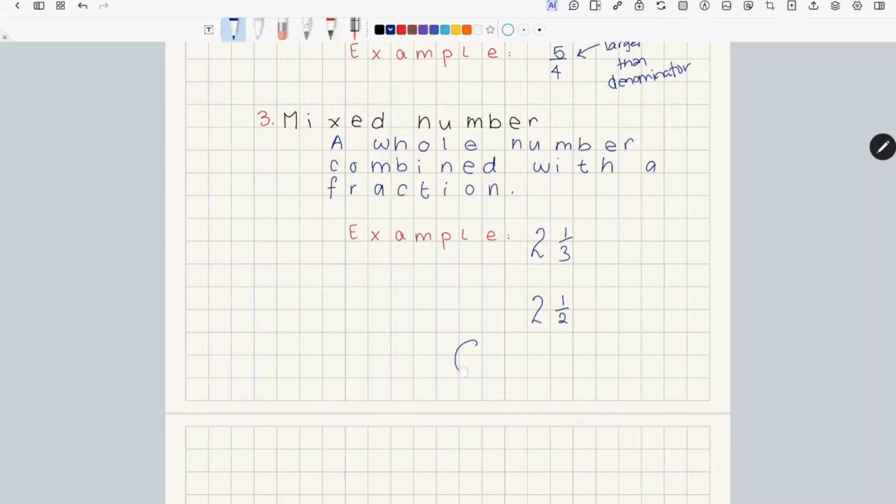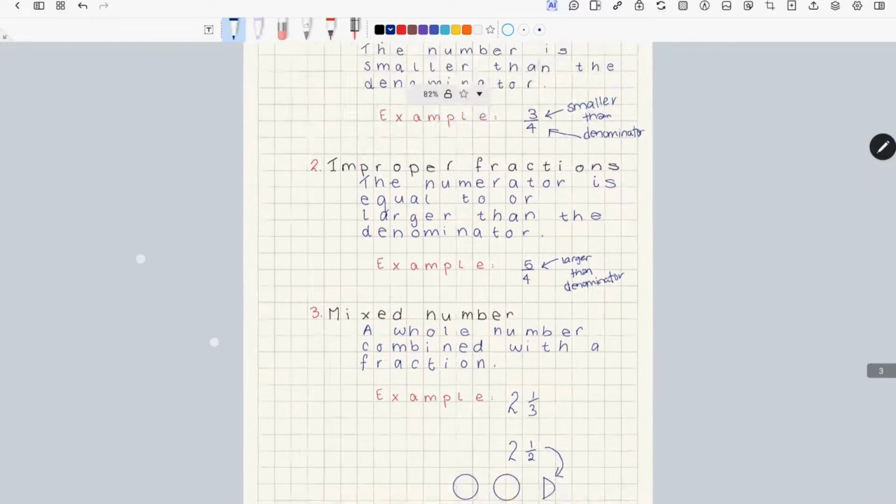So you would have 2 full cakes of the equal size, and you would have half a cake. So that's what this fraction is.